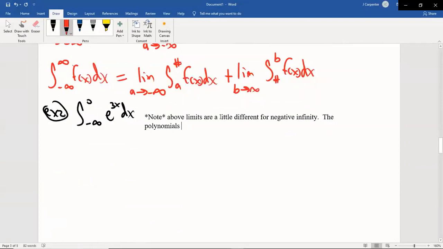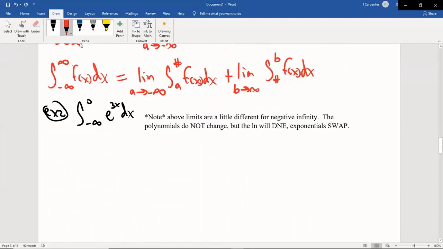The polynomials do not change. The natural log will DNE, and the exponentials swap, as just explained.